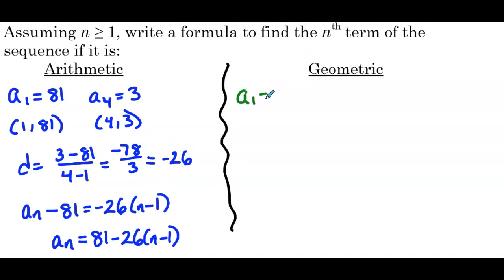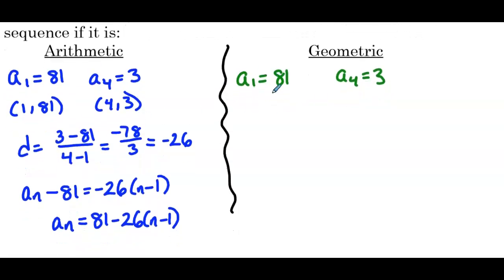Now, for a geometric sequence, again, let's write out those two terms. So a sub 1 is 81, a sub 4 equals 3. So in this case, we need to figure out what the common ratio is. Now, the best way to do that is use this first term and write as much of the explicit formula as we can. So right now, the explicit formula a sub n equals, the coefficient is the first term, so 81.